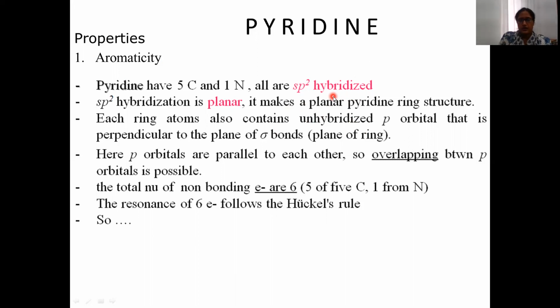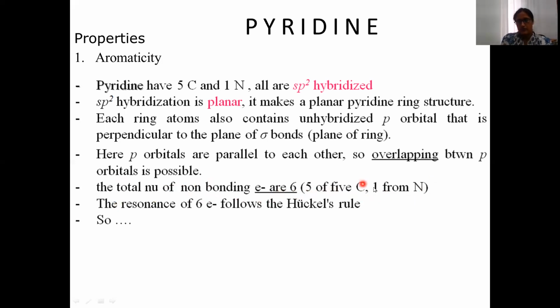That's why the p orbitals are parallel to each other and ready to overlap. The total number of pi electrons is 6, 5 from the carbons and 1 from the nitrogen.